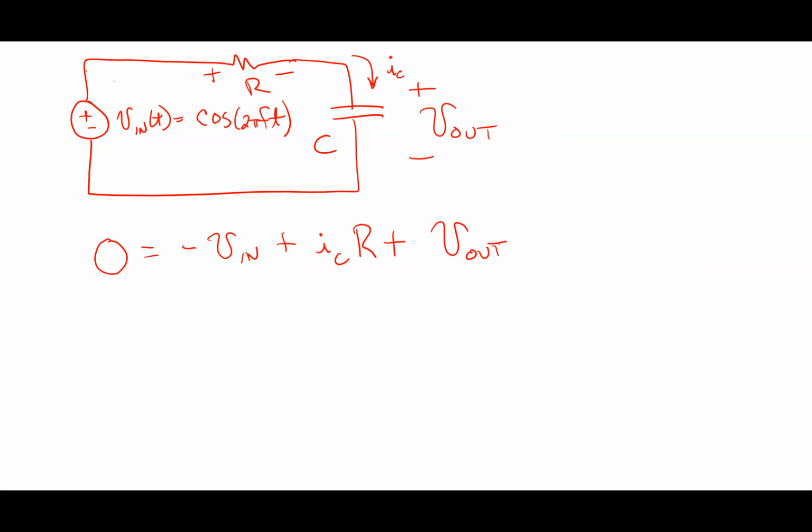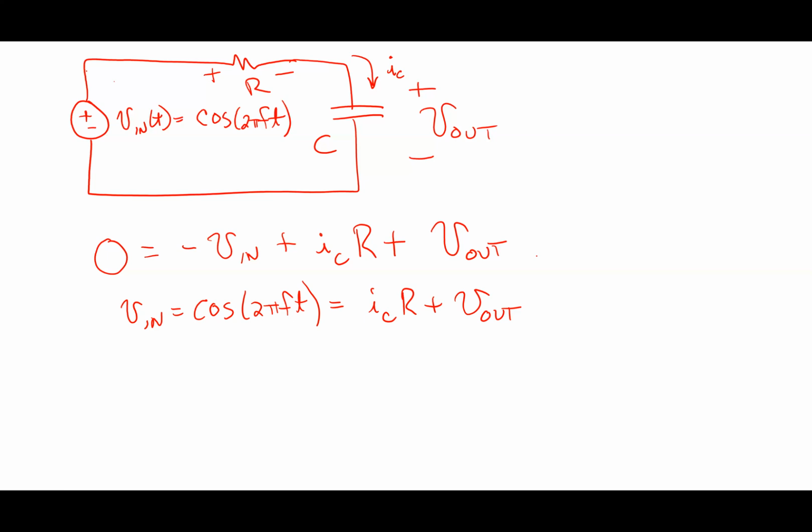Now, I can bring the Vn over. So Vn cosine 2 pi ft is equal to ICR plus V out. How do I turn that into just a straight differential equation for V out? What else do I need to know?